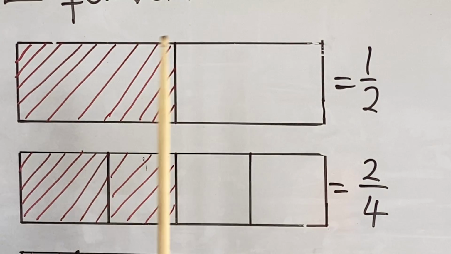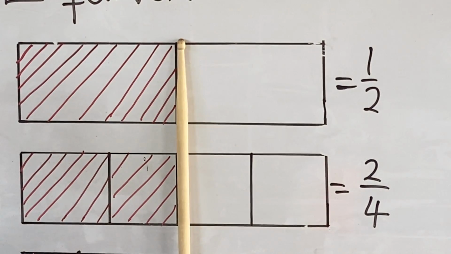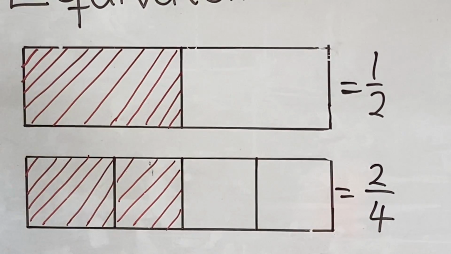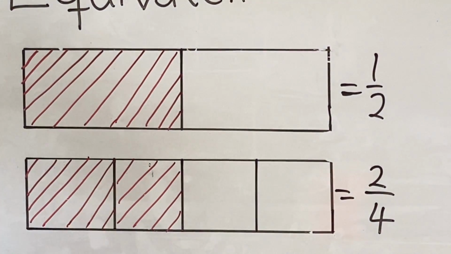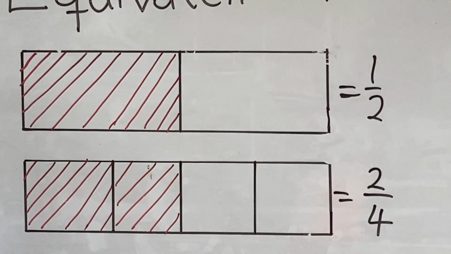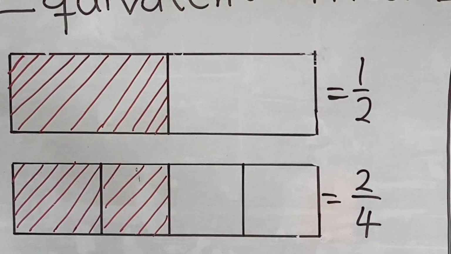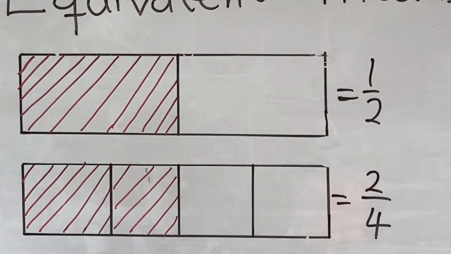Looking at it, 1/2 is the same as 2/4, meaning 1/2 is equal to 2/4, which means 1/2 is equivalent to 2/4. They are the same fraction but have different form.